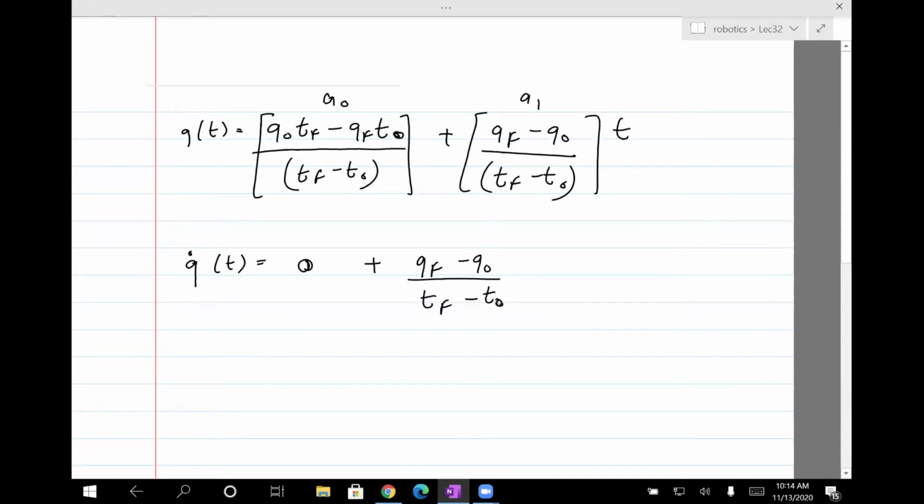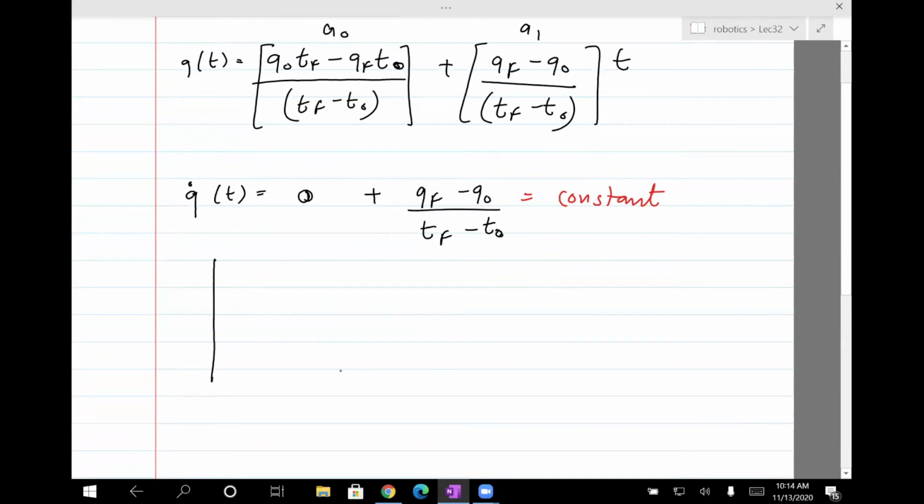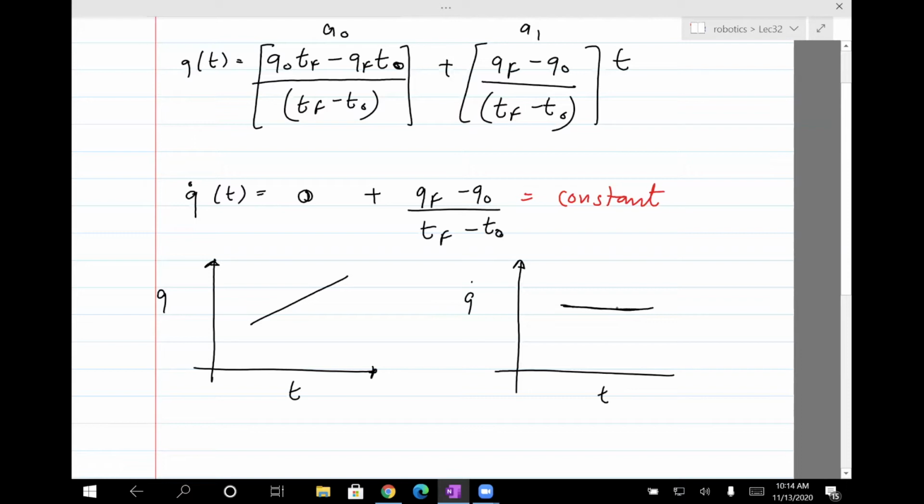So note again that qf, q0, tf, t0 are all given to us, and so this term here is just a constant. So graphically, q versus t is a straight line, q dot versus t is constant.